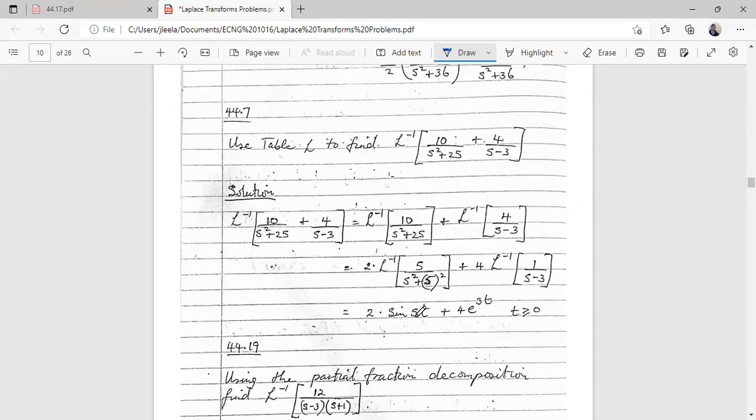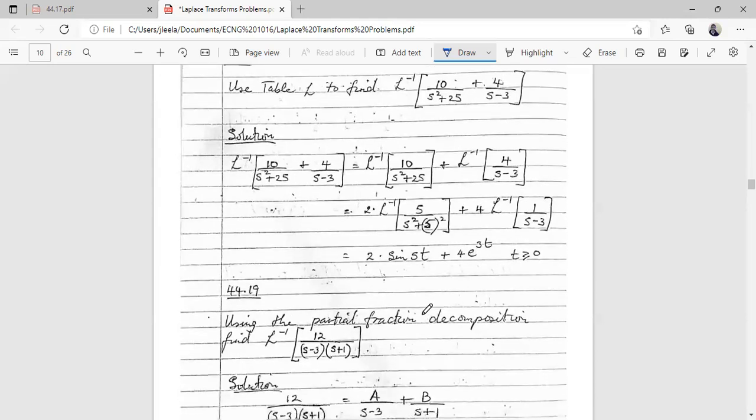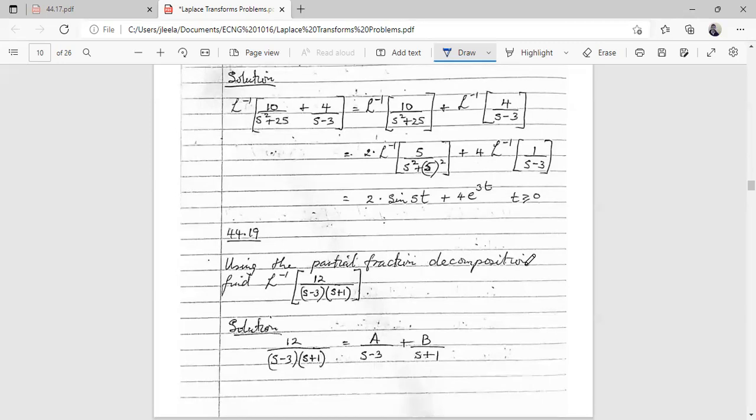So this would be sine 5t multiplied by 2. And the Laplace inverse of 4 times 1 over s minus 3 is 4 times e to the 3t, right? And your time variable must be greater or equal to 0, because time can't be less than 0.